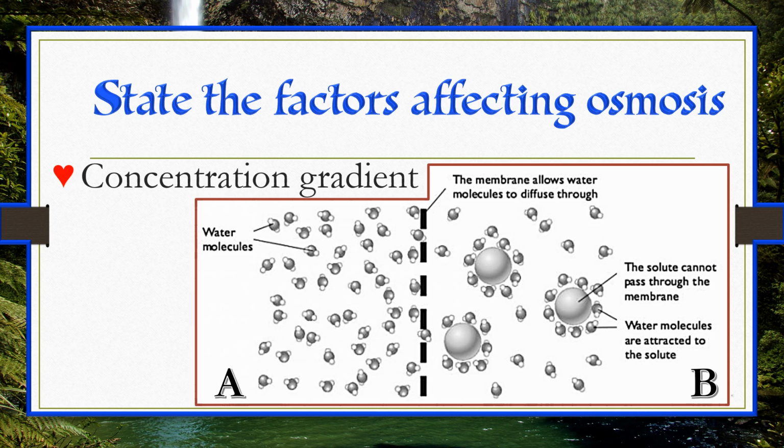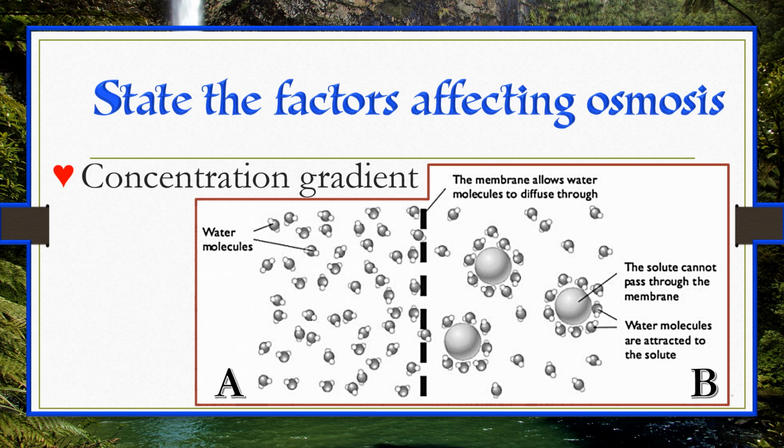But the difference between side A and side B is that on side B, we have solute molecules that cannot go through the semi-permeable membrane. And those solutes attract the water molecules around them.